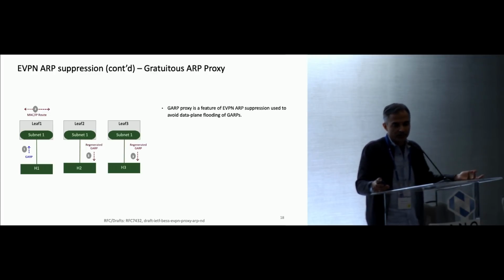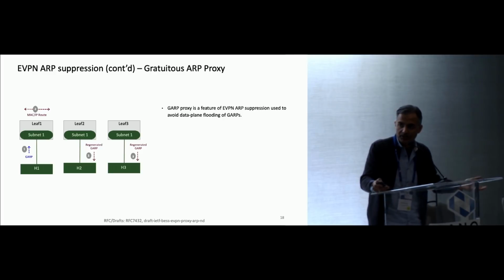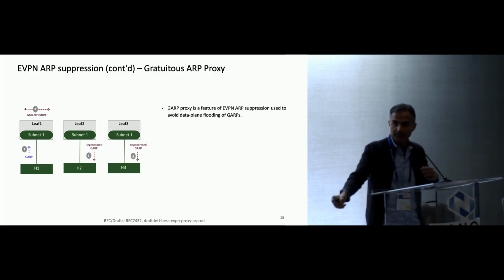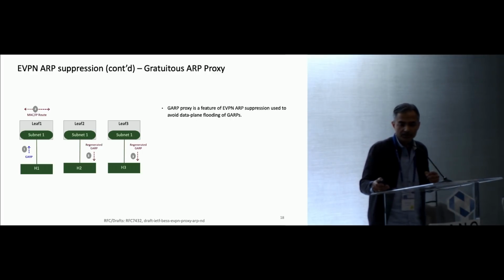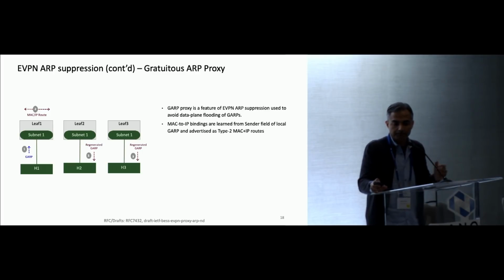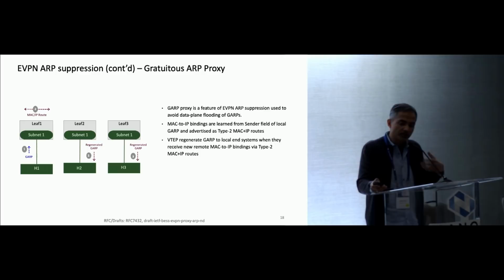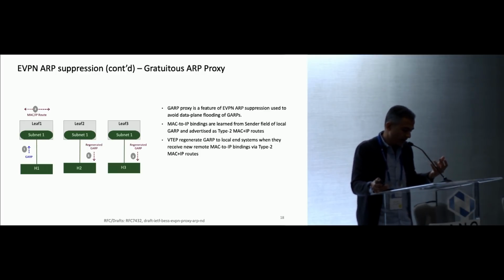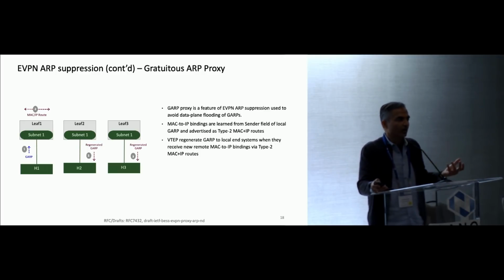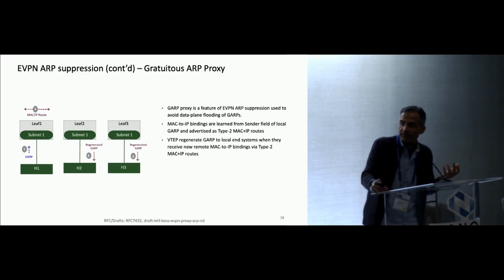So with gratuitous ARP, whenever there's a binding change, a new binding or a binding change, the remote VTEPs will actually just reflood it from the control plane back into the local end systems participating in the subnet. The modern operating systems basically ignore gratuitous ARPs that they do not have an existing binding for.